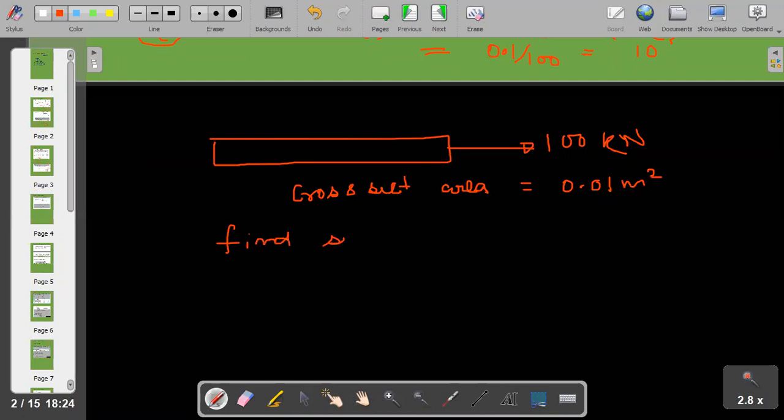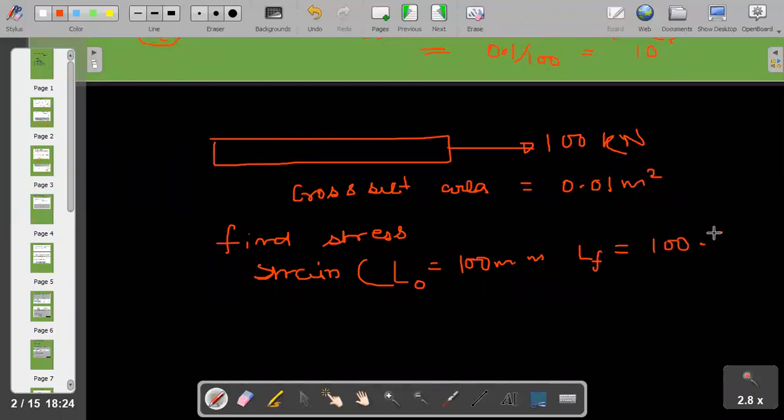Find the stress developed and strain when the initial length L0 is 100 mm and the final length after the stress is 100.5 mm.